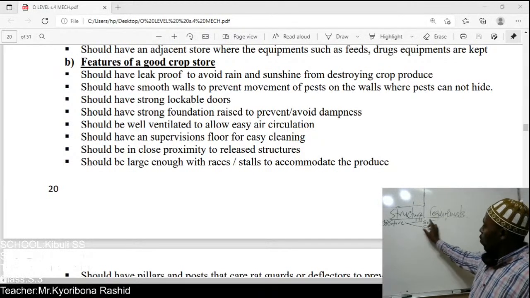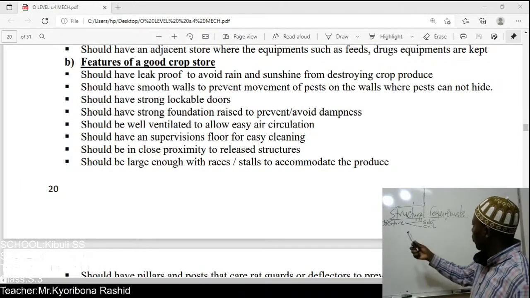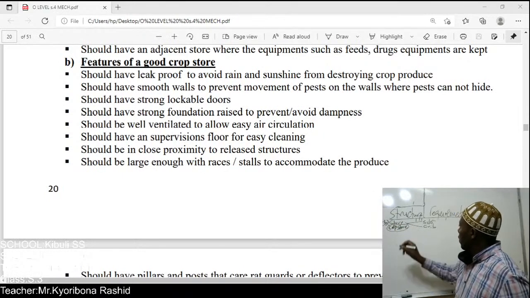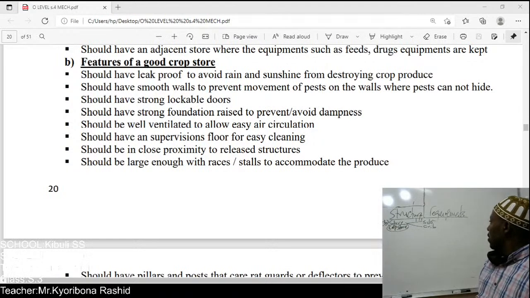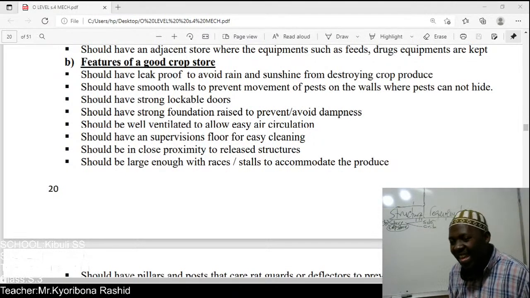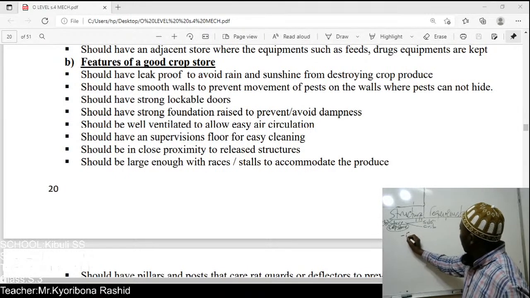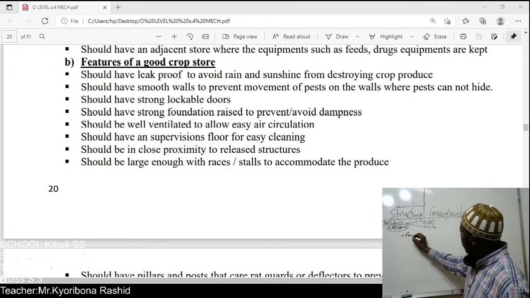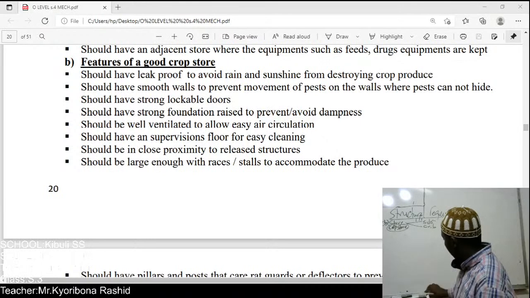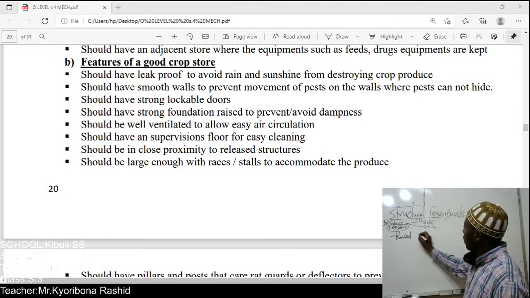However, where we are to store crop, let me even write the word crop store. These structures should be raised. So the foundation should be raised. So let me use the word raised, the foundation.